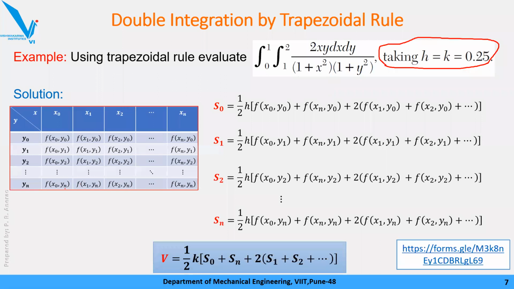For example, if the integration limits are like 0 to 5, okay, so what I'll do, I'll go with n equal to 5 because they are easy. 0 to 1, 1 to 2, 2 to 3, ऐसे easy चला जाएगा. ओके, और अगर आपके पास लिमिट आ गया 0 to 1, so to have a better precision I'll go with h equal to 0.2 or n equal to 5. ठीक है, so it's up to you only.